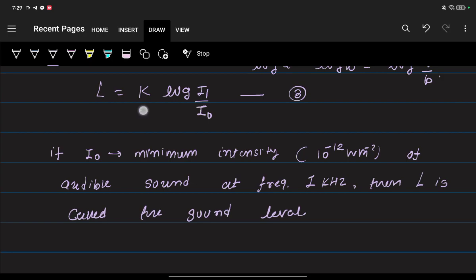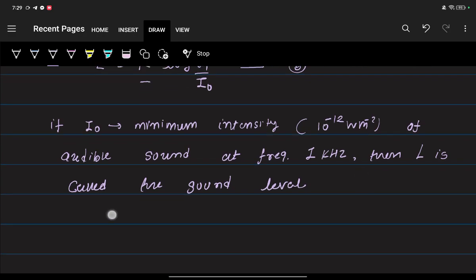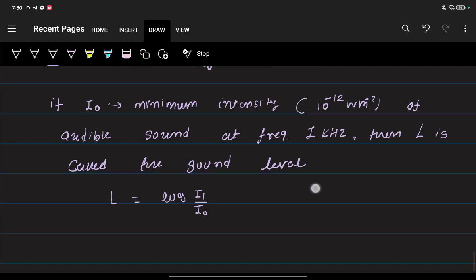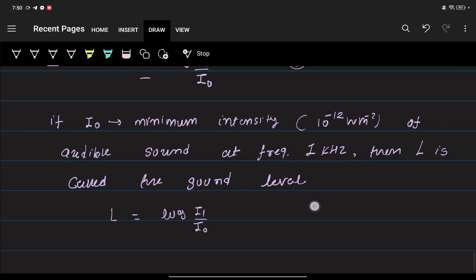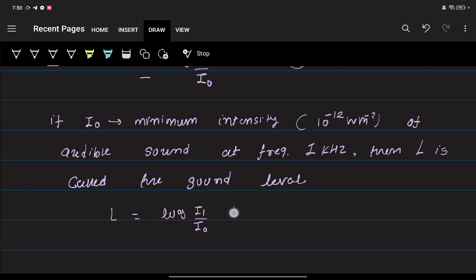Now in this equation, if you take K equal to 1, L will become log I1 by I0, right? Yes or no? And this is in unit Bell.